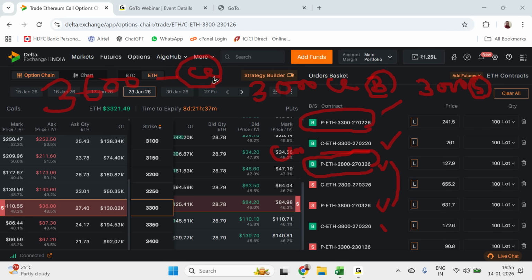So 3600 it was, 3800 it became. So your box spread of 3800 and 3600 at that time will be at a max. It has achieved maturity, completely close it.